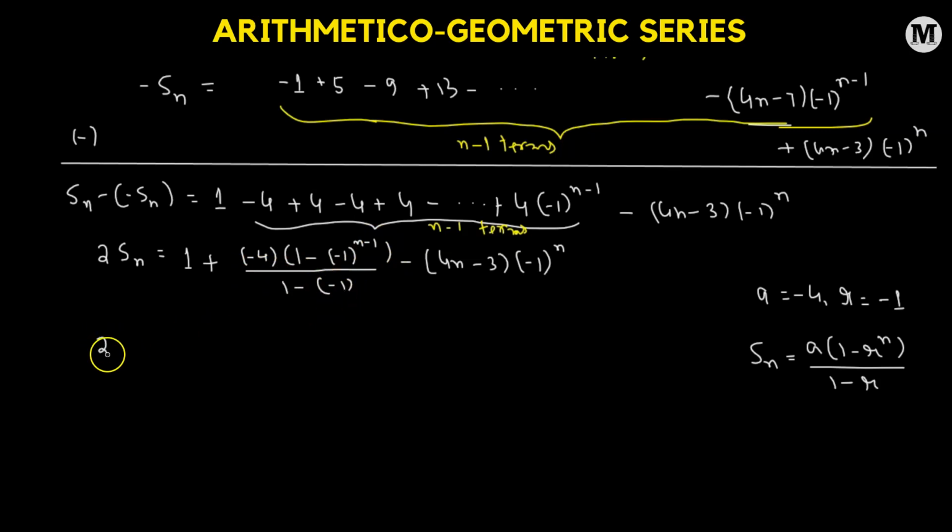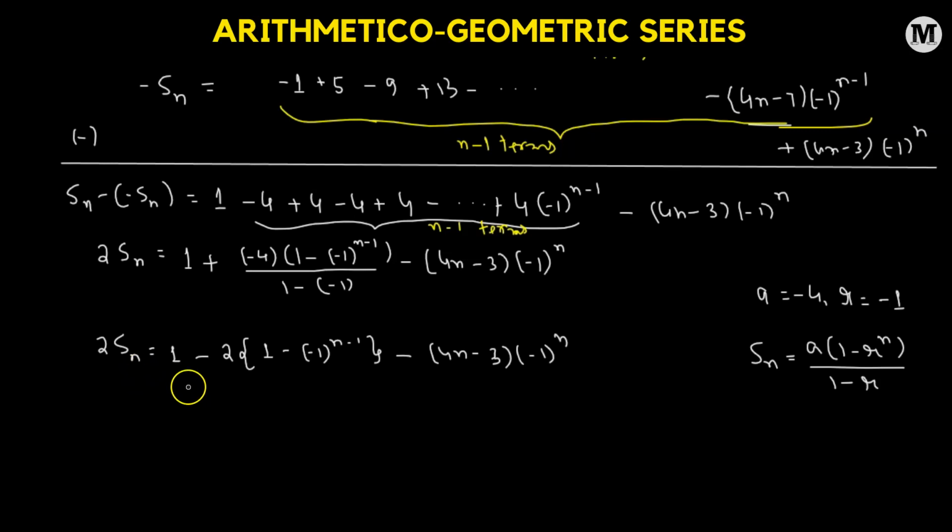Now let's further simplify. We have 2 times Sn equals 1. Now we have -4 divided by 2, so that makes it -2. This will get multiplied by 1 minus -1 raised to the power of n minus 1. Minus, we have 4n minus 3 multiplied by -1 raised to the power of n.